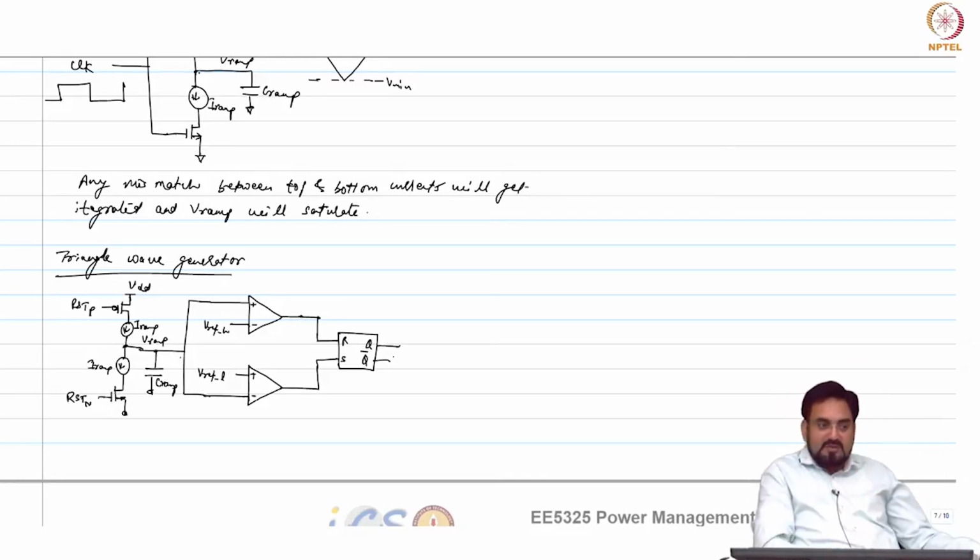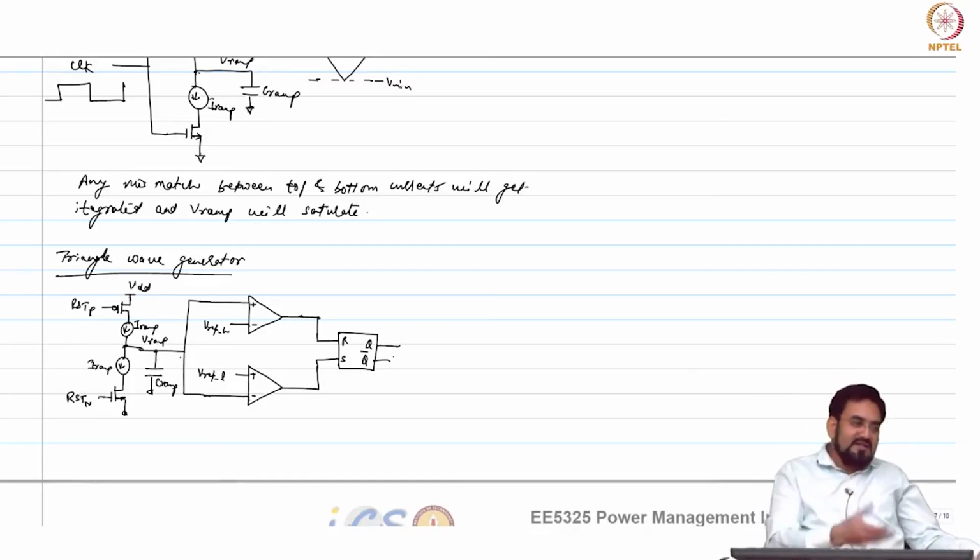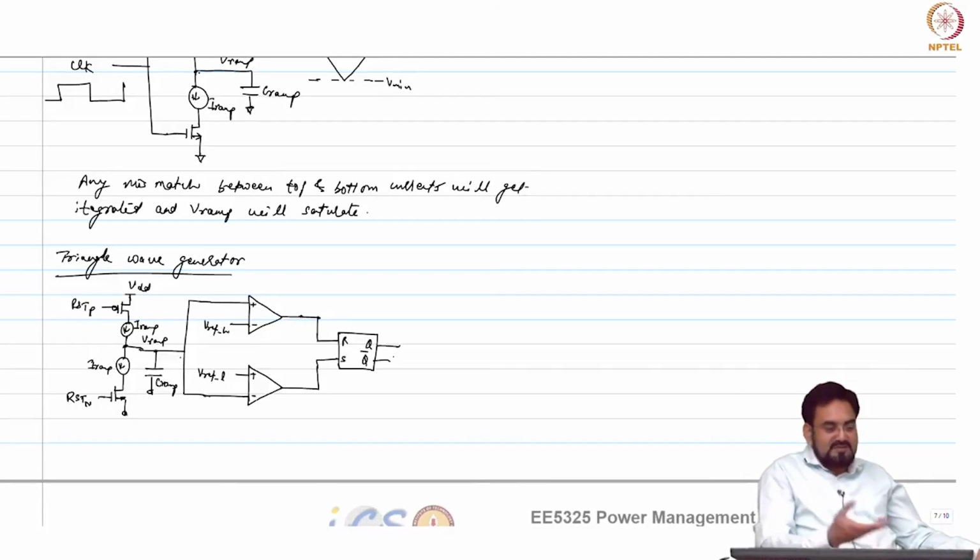Q bar should be RSTN. But it's a P and N MOS, ultimately they should be driven from the same signal. Okay, so which one should be? I mean, you can use separate, put an inverter and you can separate the signal, that's fine.